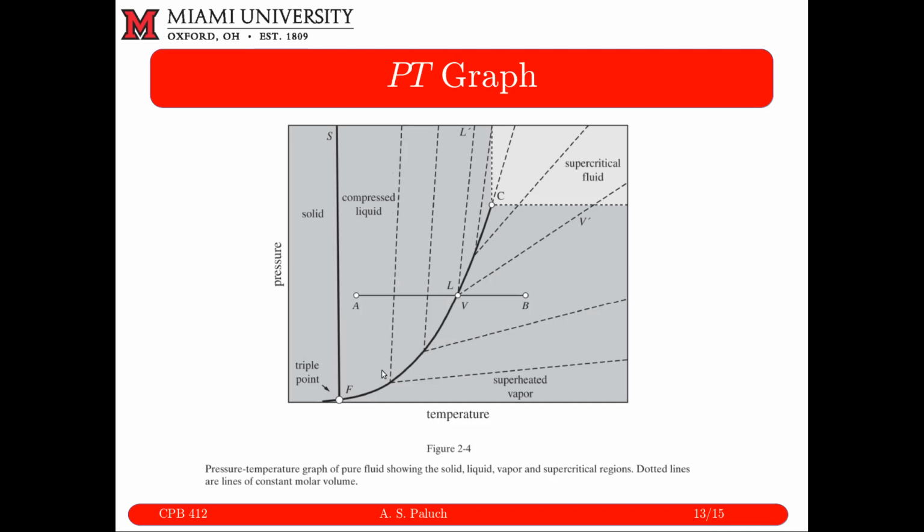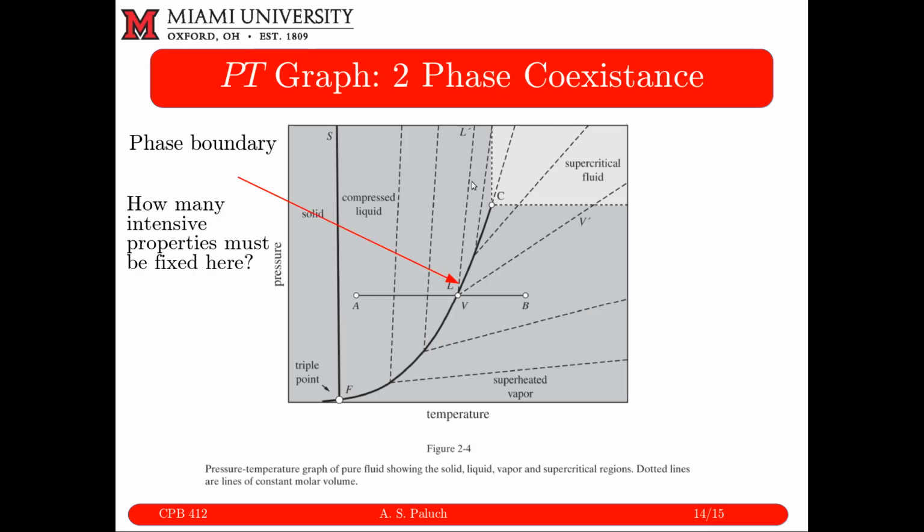My phase boundary is going to terminate at my critical point. Above my critical pressure and critical temperature, I have a single phase called the supercritical fluid. Cool. So this is the PT phase boundary.